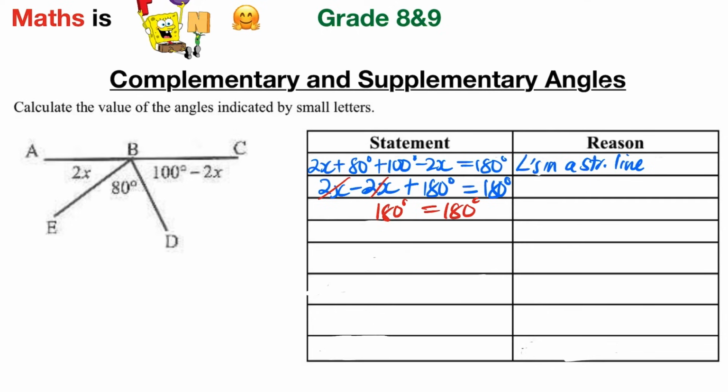So this proves that the line ABC is a straight line, because all these angles, they add up to 180.